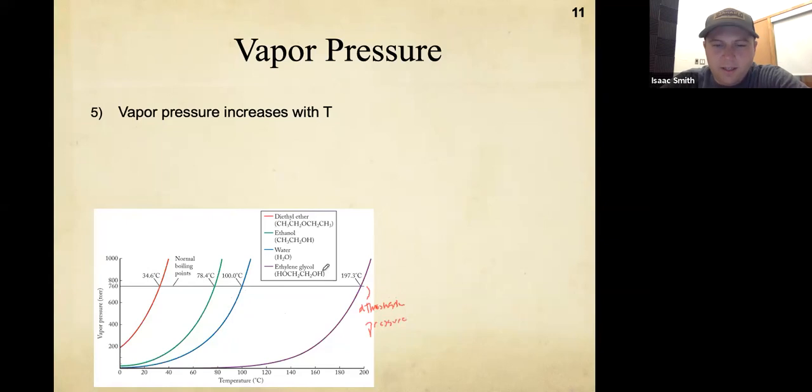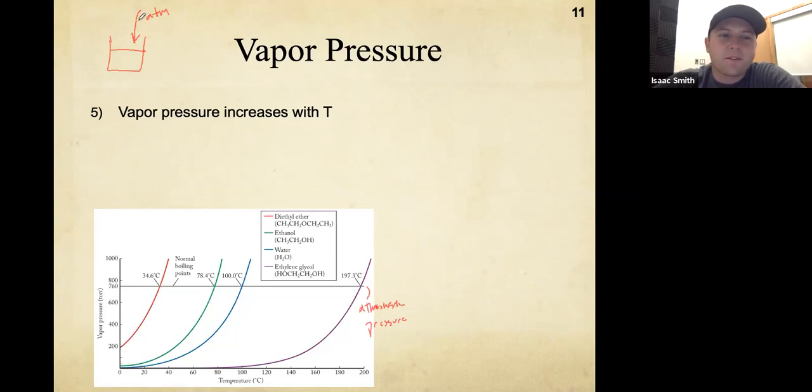Now let's say we have this cup of water, and it's exerting a vapor pressure over the top of the liquid here. You have another pressure, called atmospheric pressure, that is exerting force on the water to keep it in the water phase.